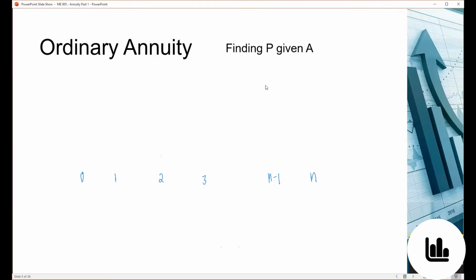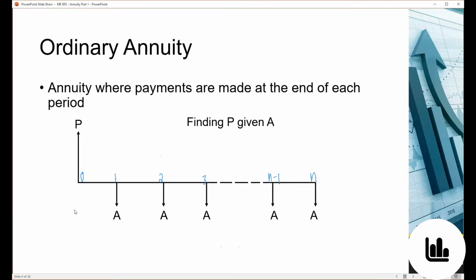Ay, nangyari. Hirap ang buhay. Okay? So ano mangyayari? So lahat 'yan, baba lang natin.